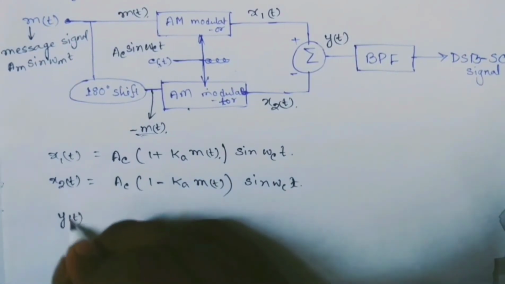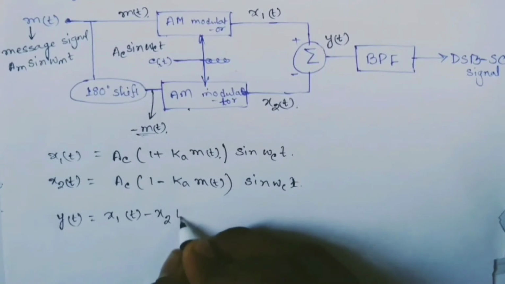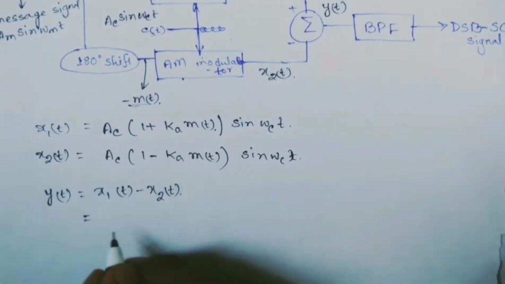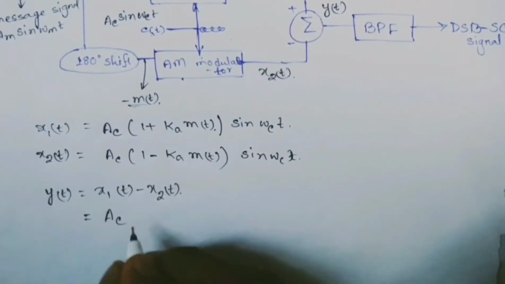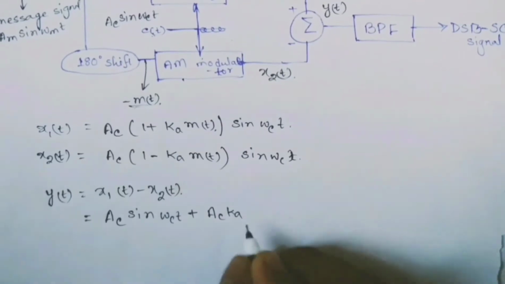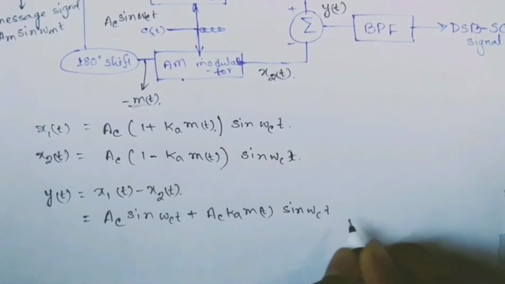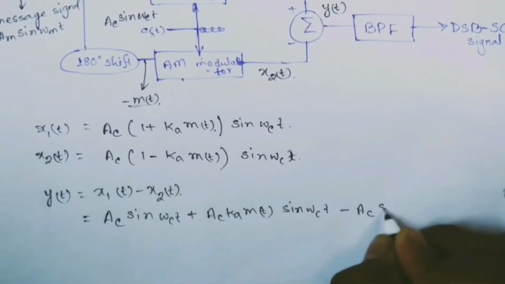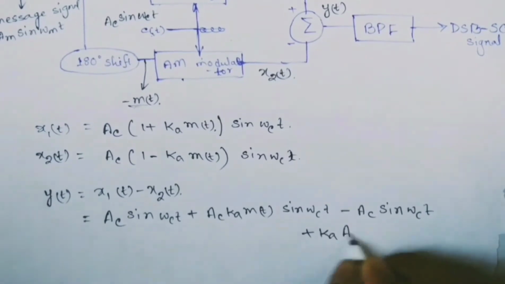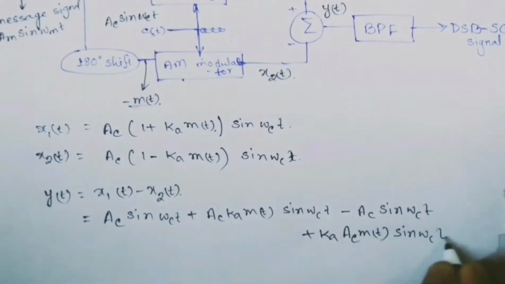So y(t) is x1(t) minus x2(t), and you will now understand why they are subtracted. So the result is Ac sin omega c t plus Ac k m(t) sin omega c t minus Ac sin omega c t plus k Ac m(t) sin omega c t.